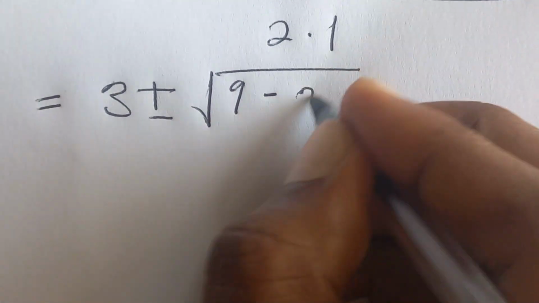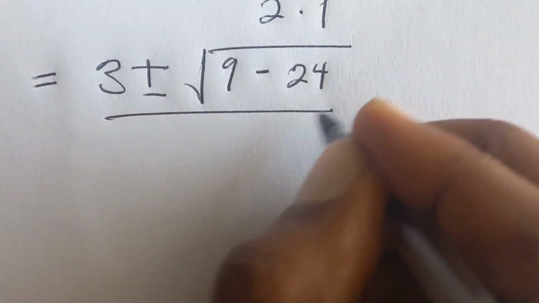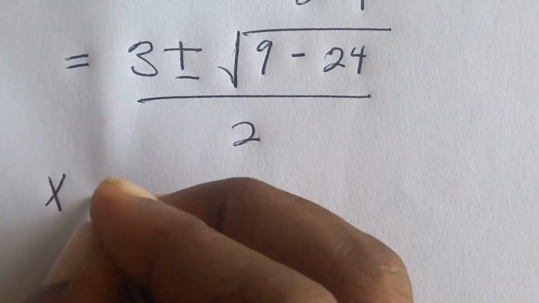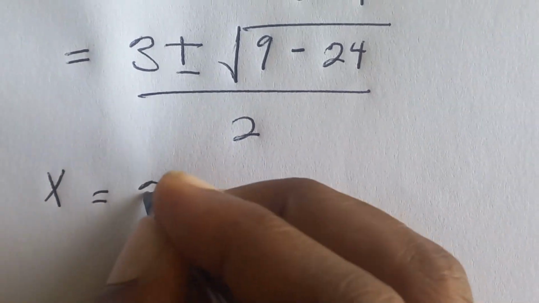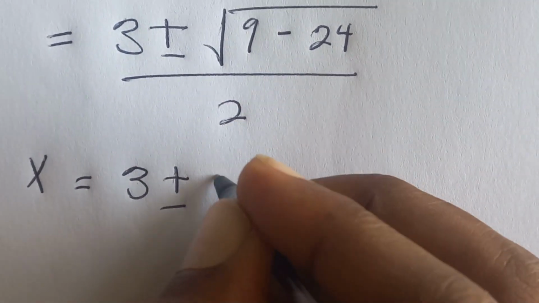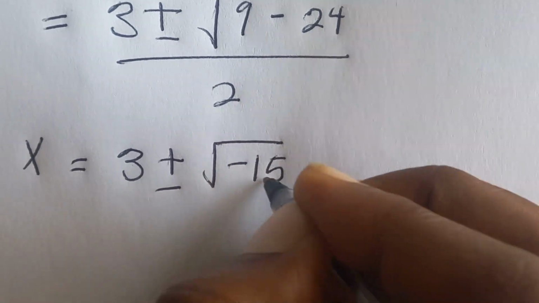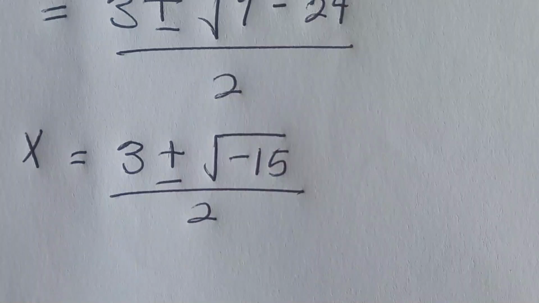So negative 24, all over 2. Okay, so our x is equal to 3 plus or minus square root of negative 15, over 2.